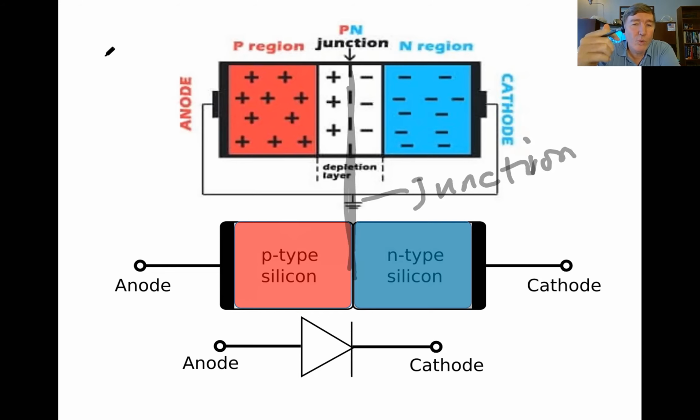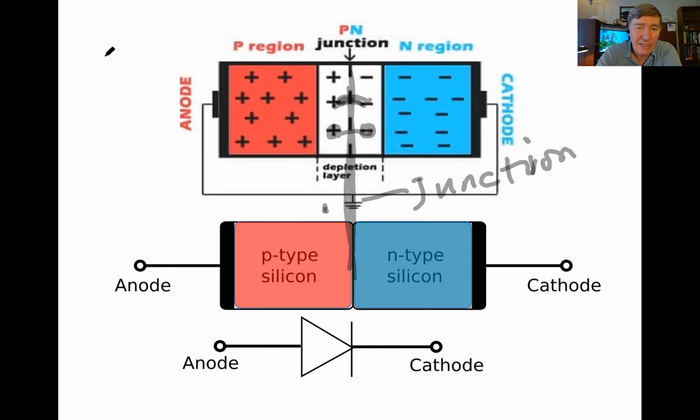When they're touching each other, some of the extra electrons from the N-type migrate over here and combine with the positive charge, and so you'll see these move over here.